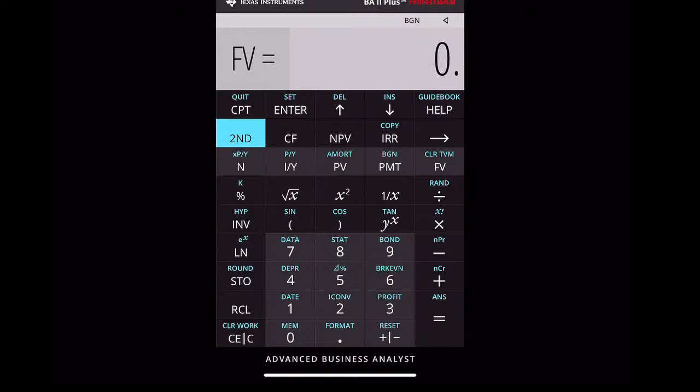Put 0 in future value and ask for the present value. Now that's the present value. So I'm just going to multiply that by 0.6. This is the amount of the lease, the present value of the lease.